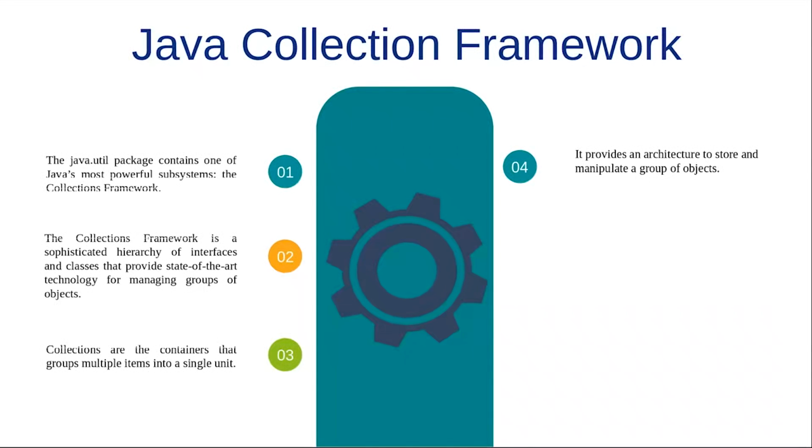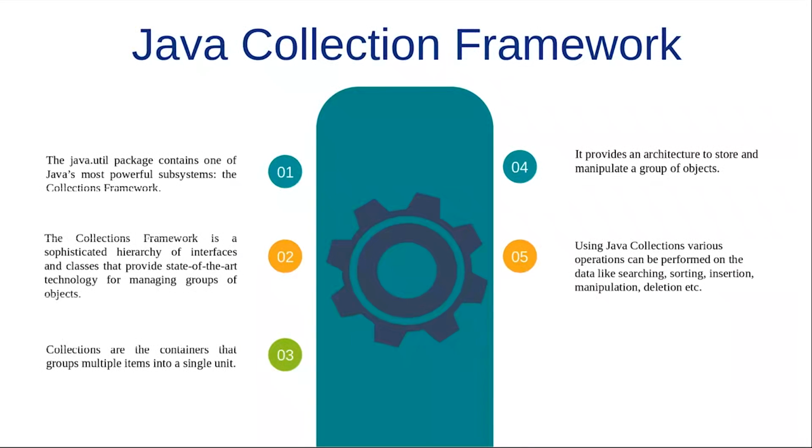It provides an architecture to store and manipulate groups of objects, and using Java collections, various operations can be performed on the data, like searching, sorting, insertion, manipulation, deletion, etc. It's a very huge framework, and we can't restrict it to a particular boundary, because it is still growing. Each time a new function or feature is added, it's added into the same framework, and each time a new version is released.